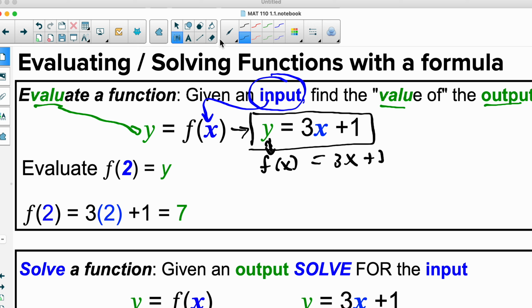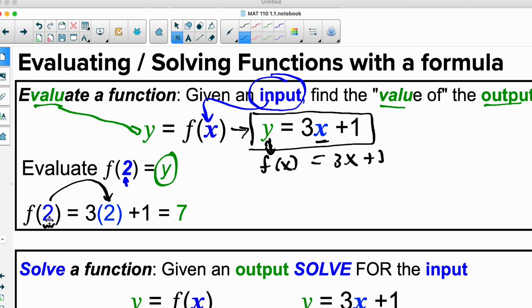So in this case, I'm given an input of 2, and I want to evaluate that to find the y value. All that means is that everywhere there was an x, I'm going to put a 2. 3 times 2, plus 1.